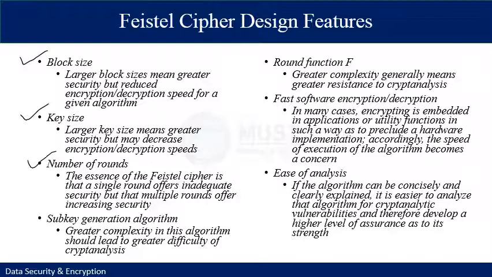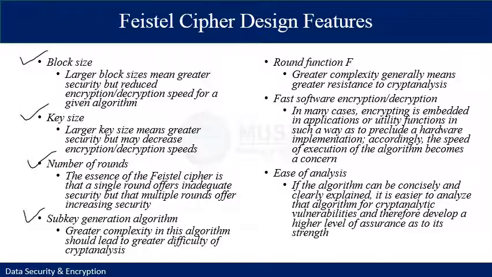Similarly, number of rounds can also affect the performance of Feistel cipher design. The essence of Feistel cipher is that a single round offers inadequate security, but that multiple rounds offer increasing security. So usually you have 16 rounds, but this is not a limitation. You can use any number of rounds in Feistel Cipher design. Another kind of parameter is sub-key generation algorithm.